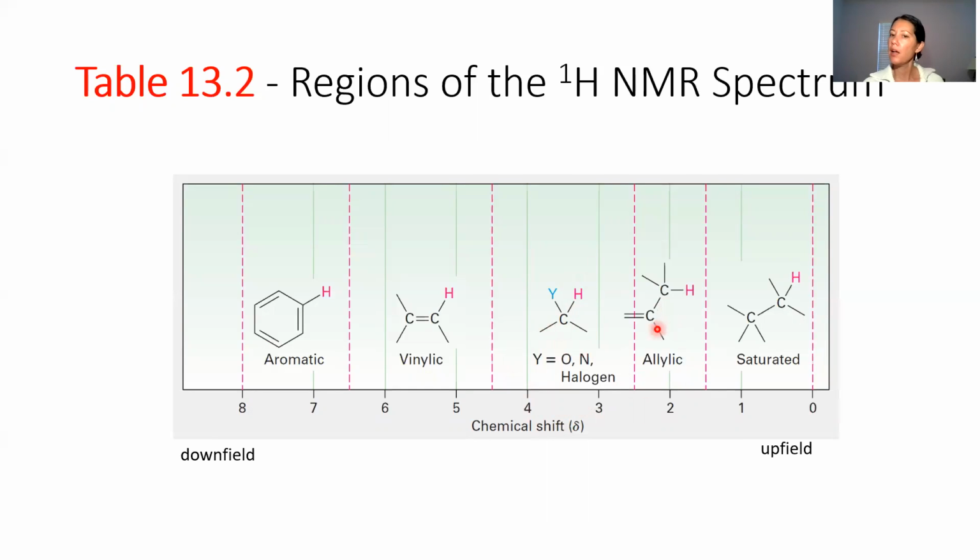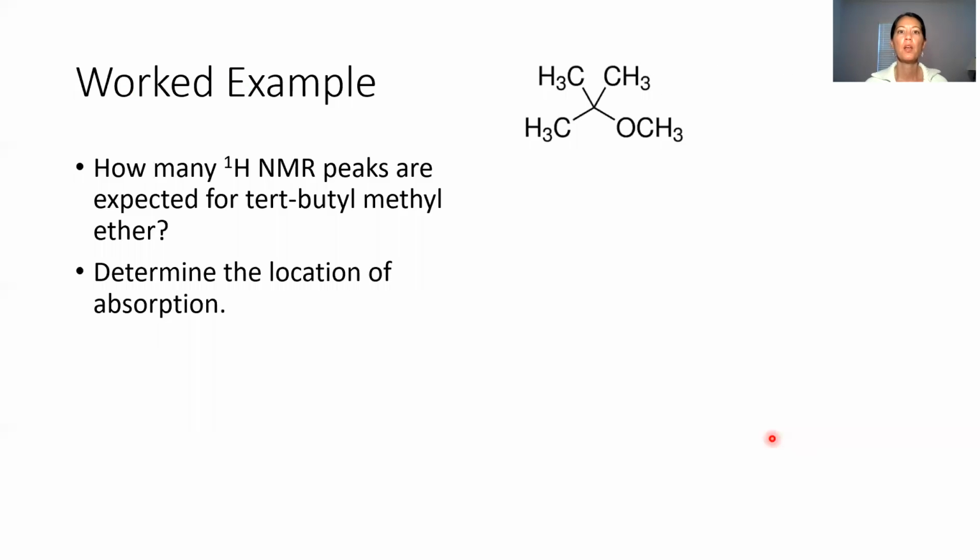Allylic, so it's not vinylic, not directly attached to a double bond, but on the next carbon over, an sp3 carbon next door, it'll be in the 2 range, and then saturated is more upfield. So that's what you need to get in your mind: categorize these areas to the types of H's, the types of environment those different H's are in.